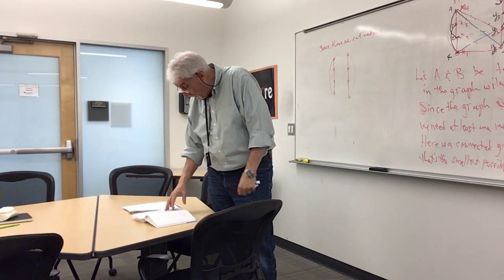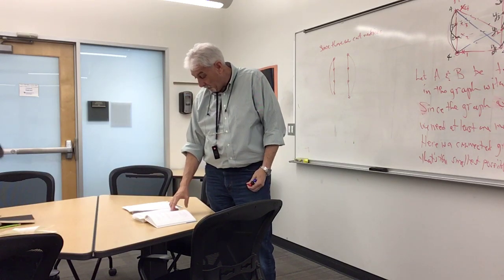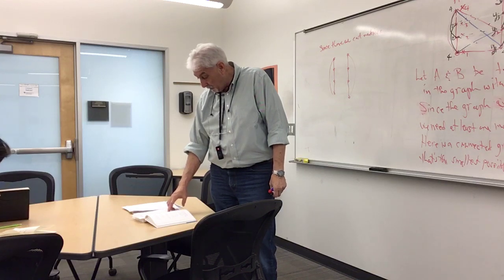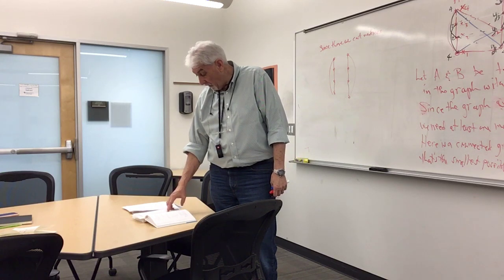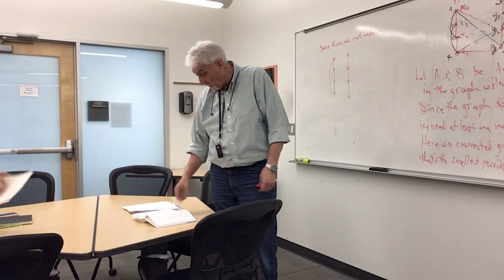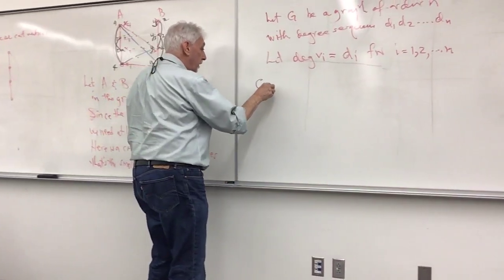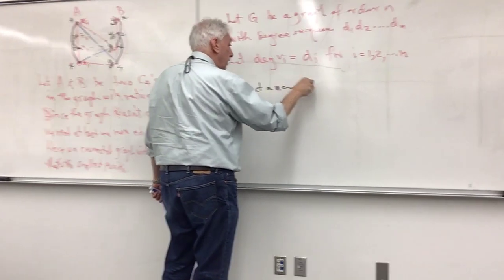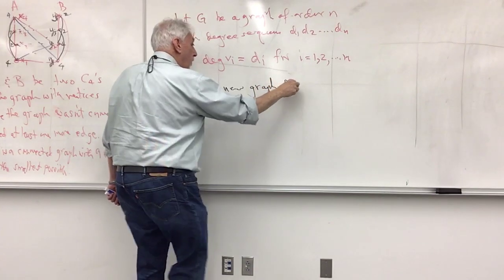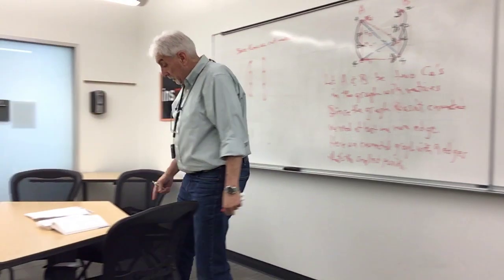Now, what do I need to do? I need to show that for each k, the sequence d1 plus k, d2 plus k, up to dn plus k, followed by k copies of n plus k minus 1, is graphic. How many vertices are in this new graph? n plus k.